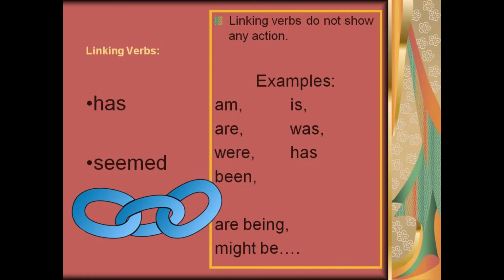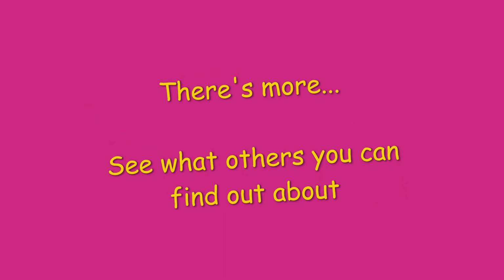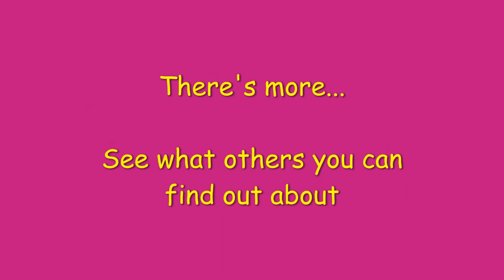Here are the examples: am, is, are, was, were, has, been. And then we have some words that are partners, for example, are being, might be. You're going to see more of it coming up shortly.